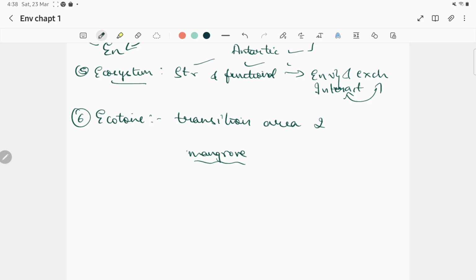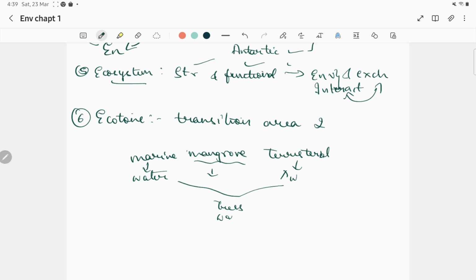Mangrove is the transition or the ecotone between marine and terrestrial. Marine has full water, terrestrial does not have water. So this mangrove is a mixture of both, where you can see trees grown in water. So this is an example for ecotone.